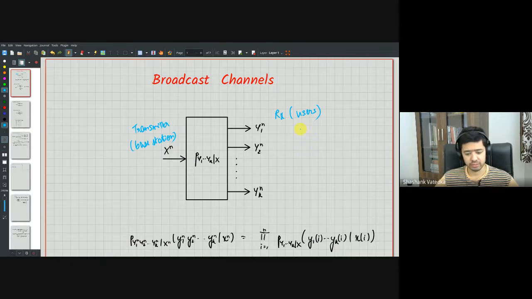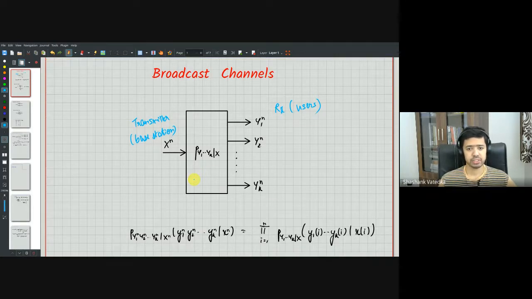And as we've always been doing in this course, we'll assume that the channel from the transmitter to the receivers is discrete and memoryless, but otherwise the outputs are allowed to be correlated in some fashion.